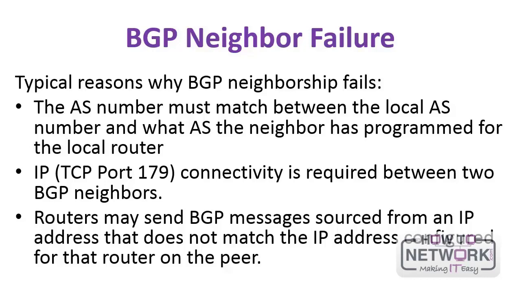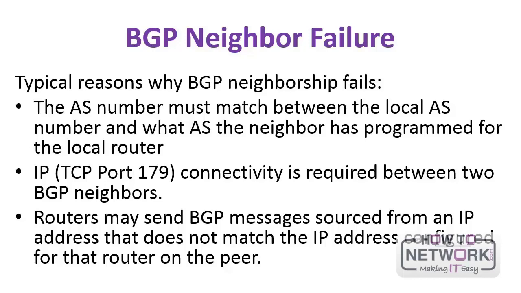Another major reason why BGP neighborships fail is the fact that BGP uses TCP port 179. Now, why is this important? Well, often BGP is run through a firewall. And if you run BGP through a firewall, you need to make sure that TCP port 179 is in fact allowed.